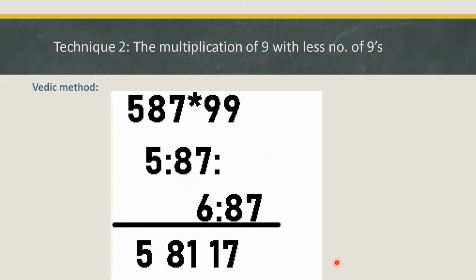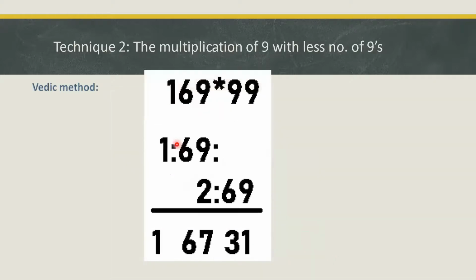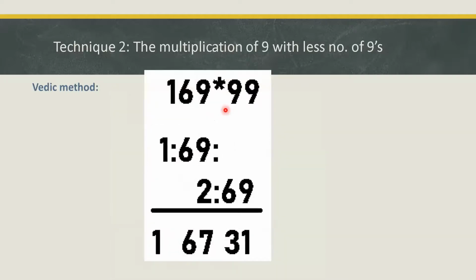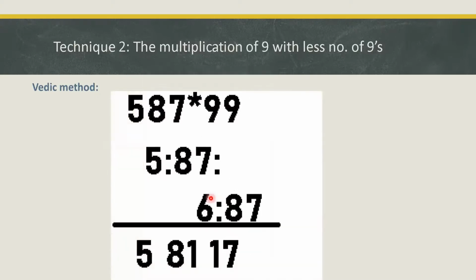I'll give you one more example, as I think you may not be able to understand it like this. Here it is 169 into 99, earlier it was 587 into 99. For 169 into 99, we write 169 and 269, just as over here we did 587, 687. That's how we should do it.